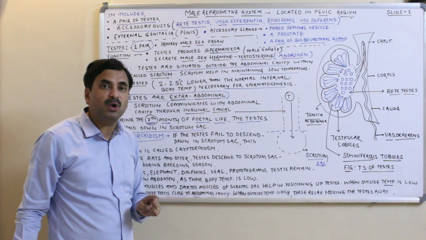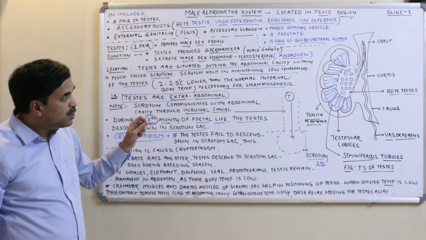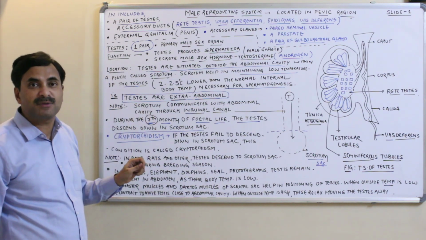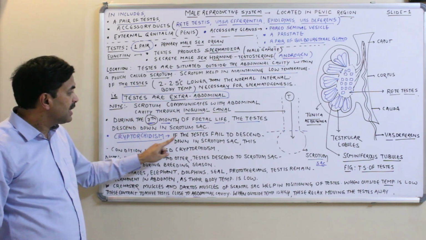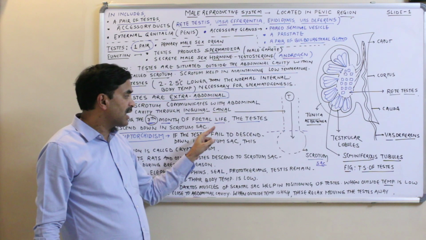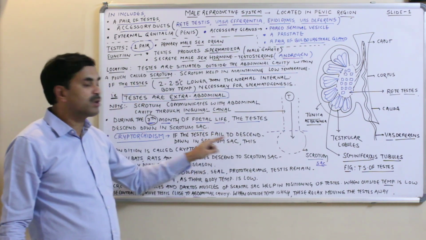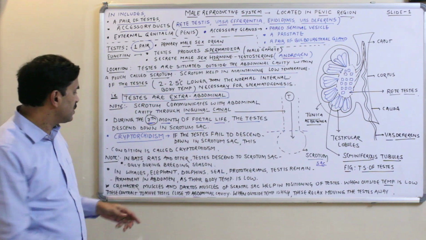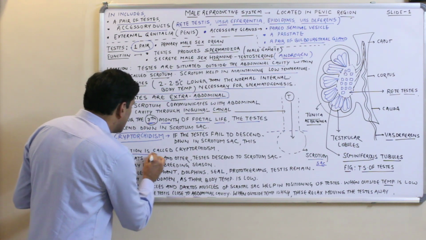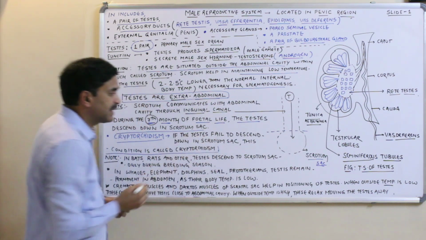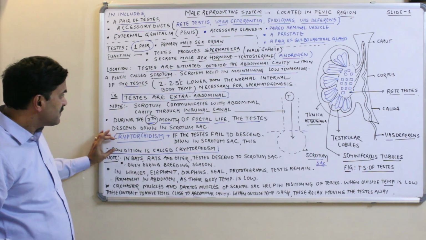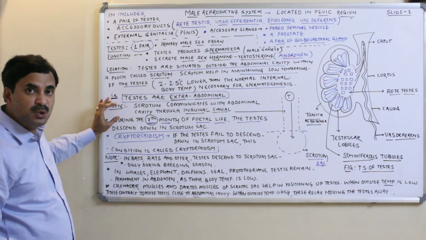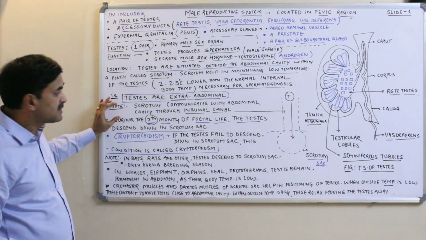In a few children, the testes are not able to descend into the scrotal sac, and this disorder is called Cryptorchidism.